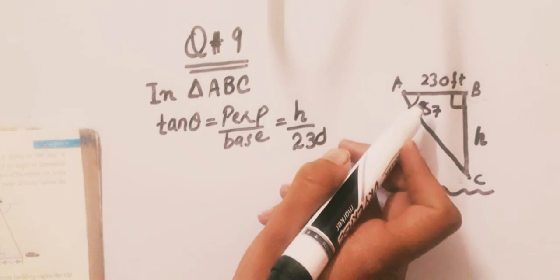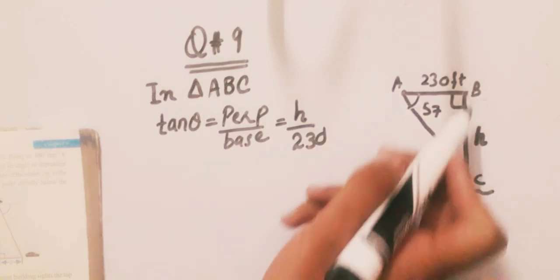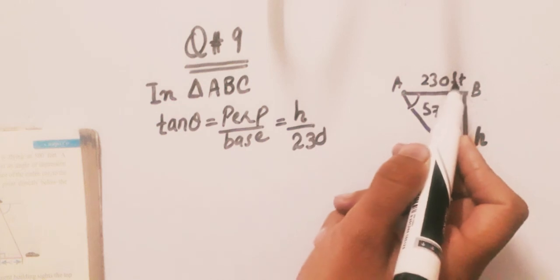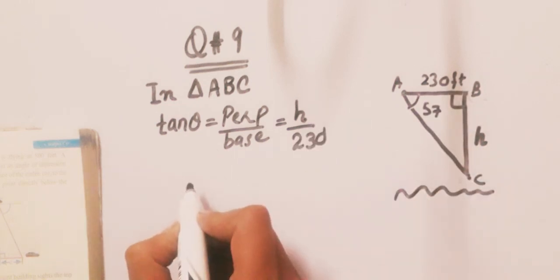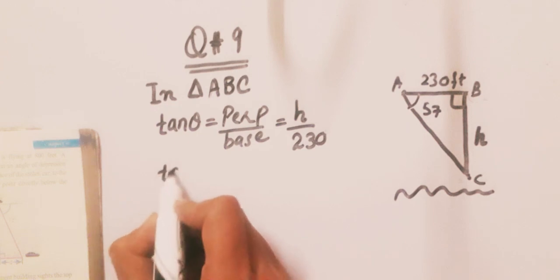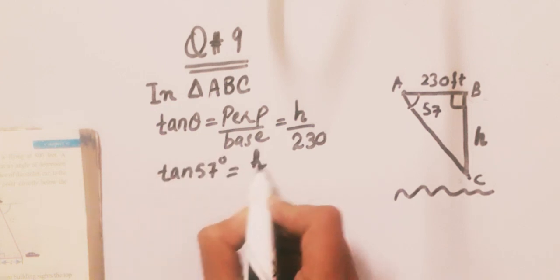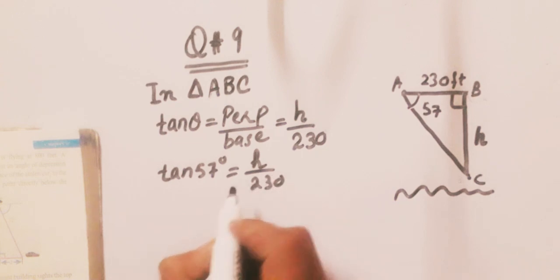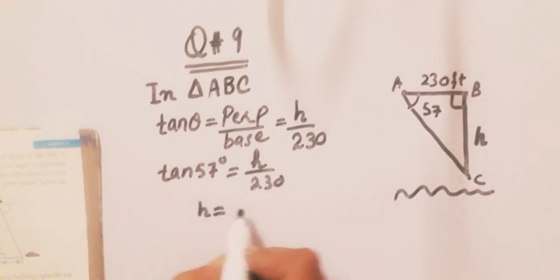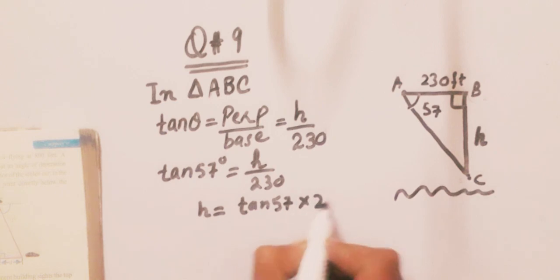When you take the 57 degree angle, perpendicular is H and base is 230. Now the angle is 57, so tan 57 is equal to H by 230. Now to find H, you will multiply tan 57 by 230 with the help of a calculator.